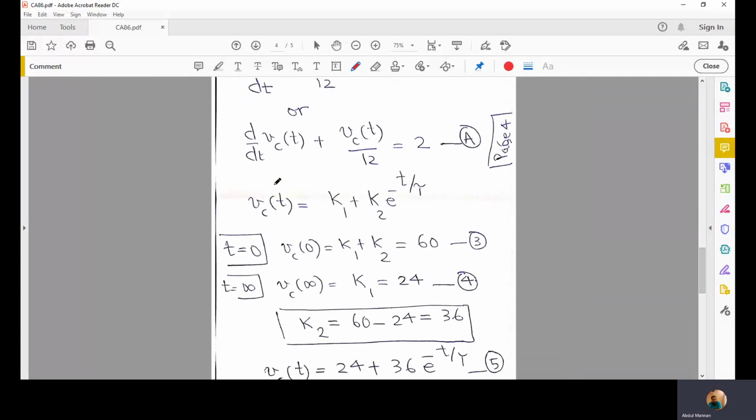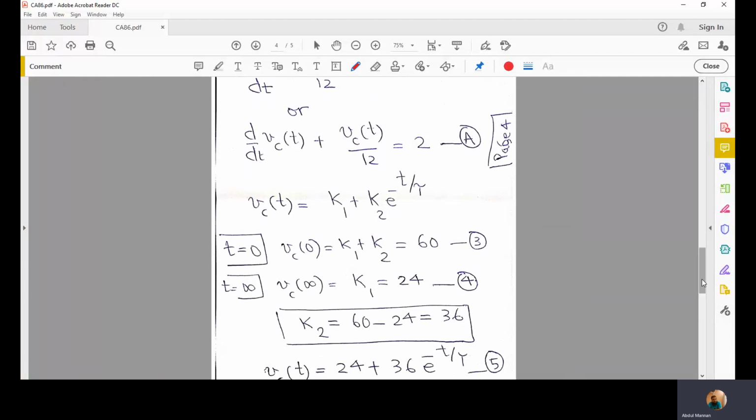Since this is a first order differential equation with a constant term on the right hand side, the general solution is k1 plus k2 e to the minus t over tau. Putting in the initial and final conditions, we can compute k1 and k2. Putting t equal to 0, k1 plus k2, because the exponential term becomes 1, is equal to 60.